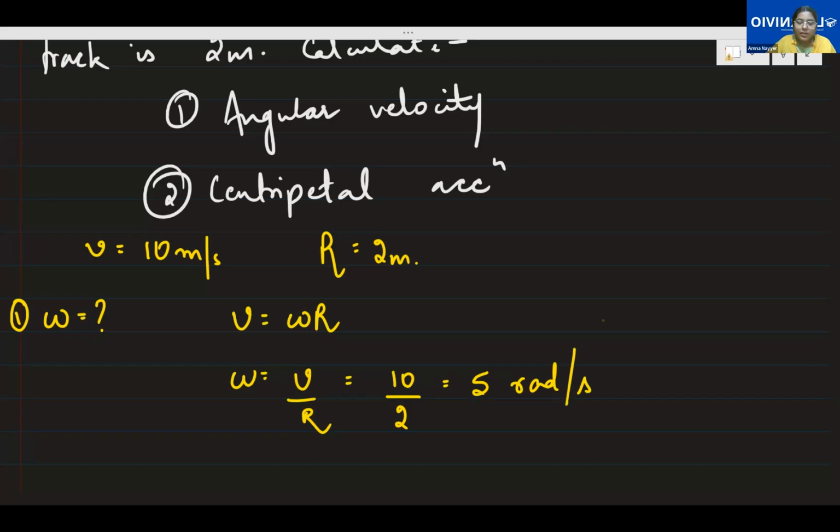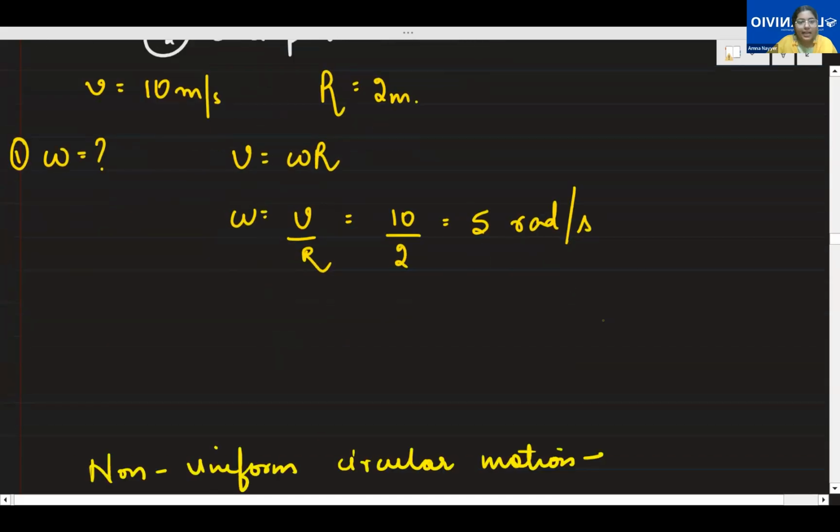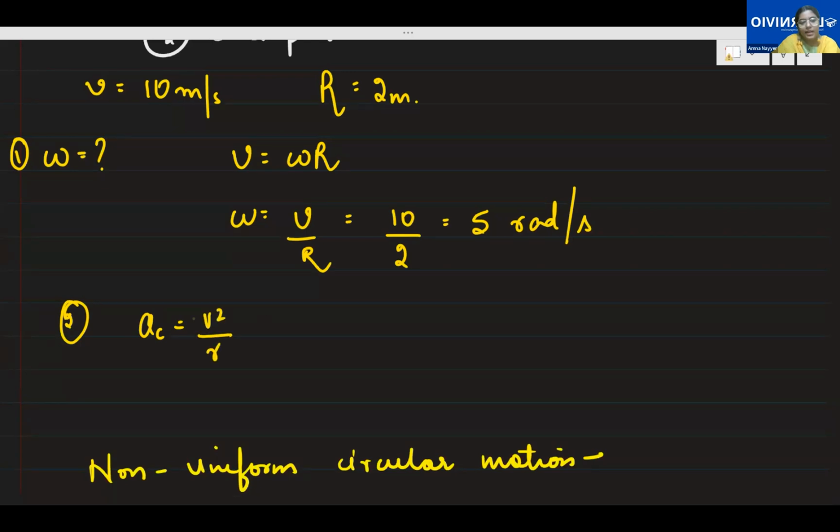So this is a formula based question. Next is centripetal acceleration. The formula is simply v square by r. So v is 10 into 10 by r is 2. So this becomes 50.